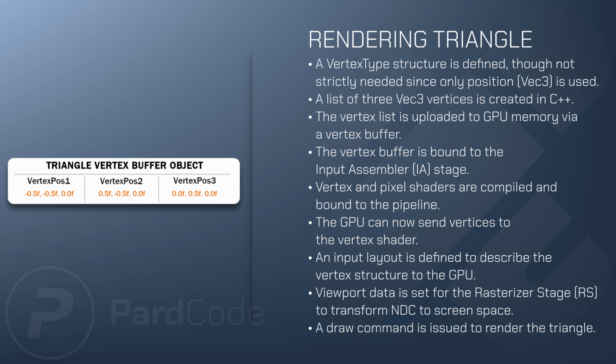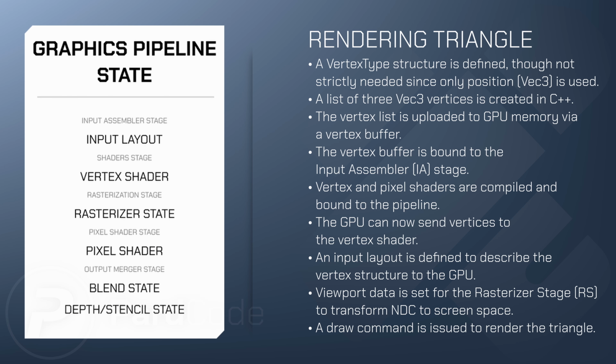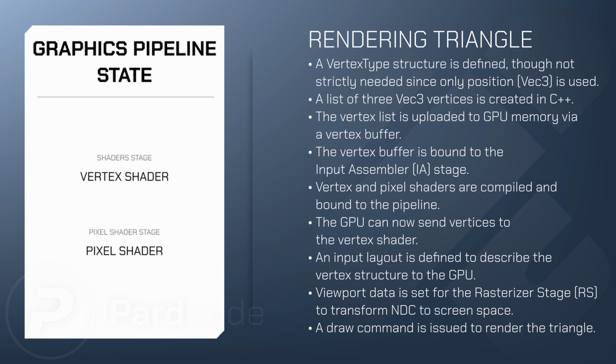We then bind the buffer to the input assembler stage of the graphics pipeline. At this point, we need to configure some stages of the graphics pipeline. In particular, we need to set the vertex and pixel shaders, which we covered in the previous episode. Once everything is set up, the GPU can pass the data from the vertex buffer into the vertex shader.